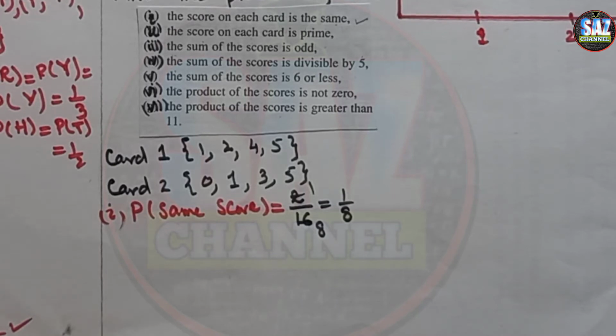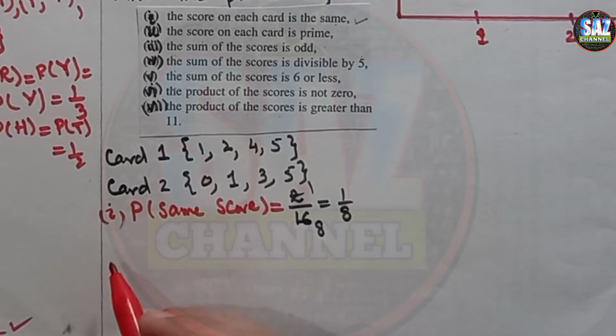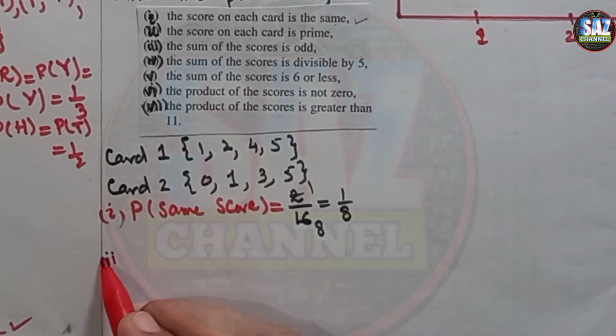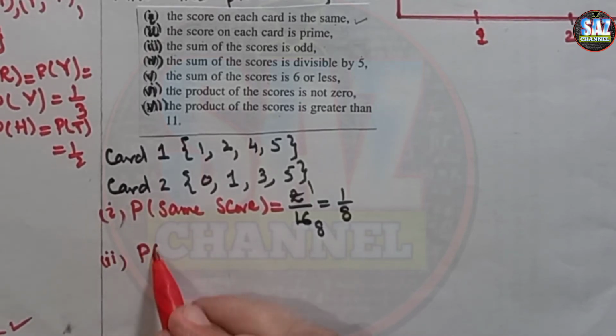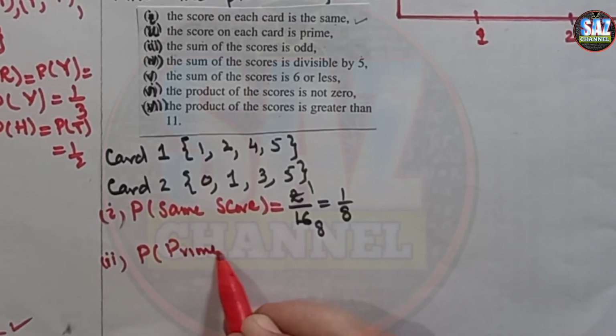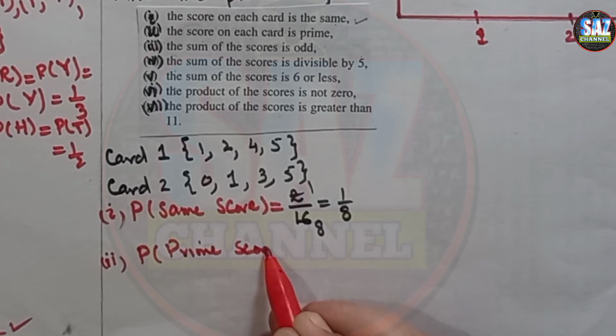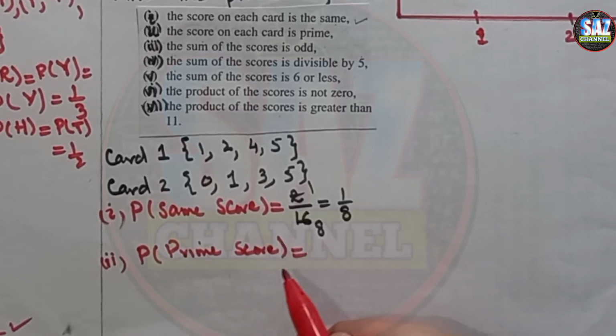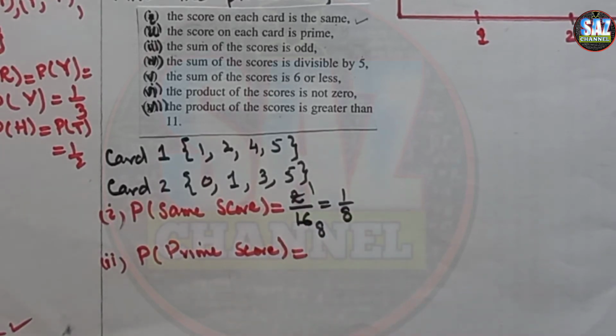The second part is the score on each card is prime. Probability of getting the prime score. Types of numbers is a topic that is frequently tested in this topic as well.